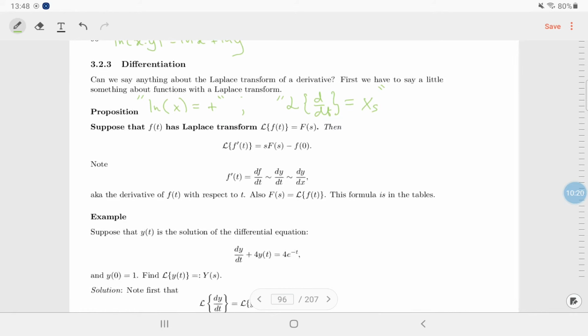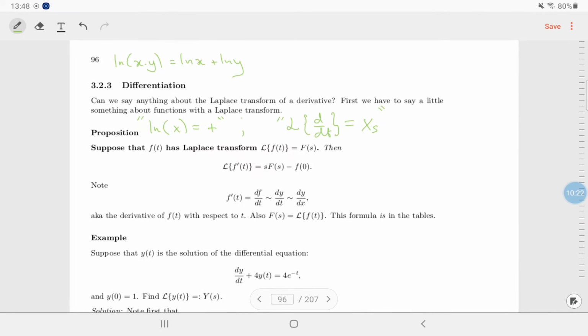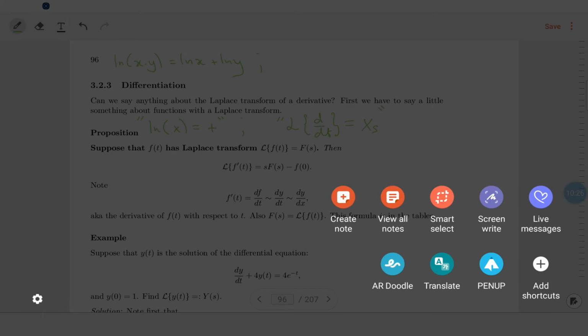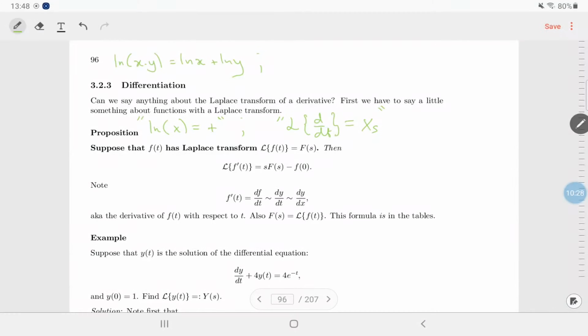Now it's not exactly that. How do we write this precisely? I'll write something similar up here. The Laplace transform of the derivative of little f of t gets turned into s times big F of s. The only thing that's missing is this little f of 0.